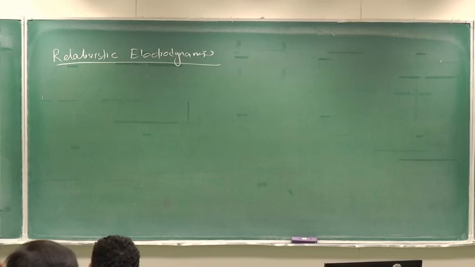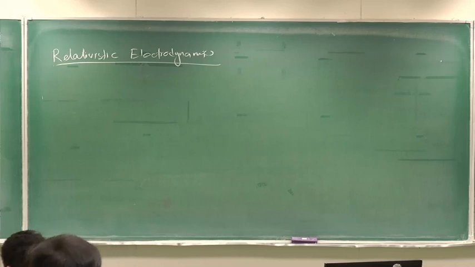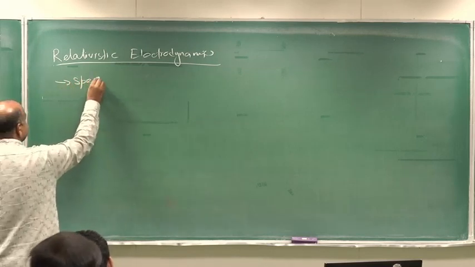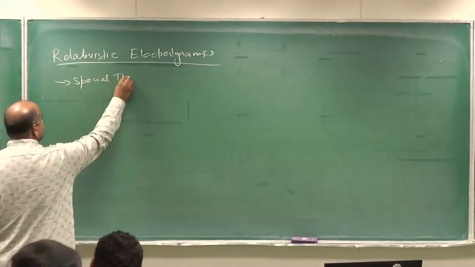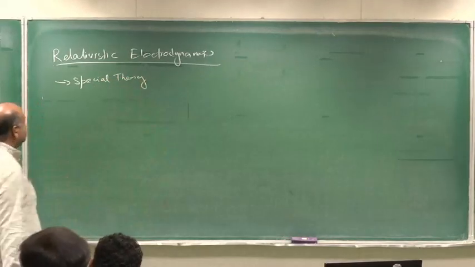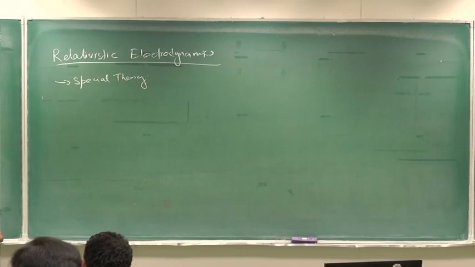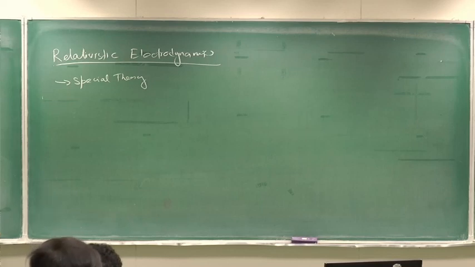So in this offering of the course that I am going to do in this semester, what I have planned is this. So we will begin with the special theory of relativity. We will study kinematics and some dynamics as well, especially the transformations according to special theory of relativity, its postulates or background history.